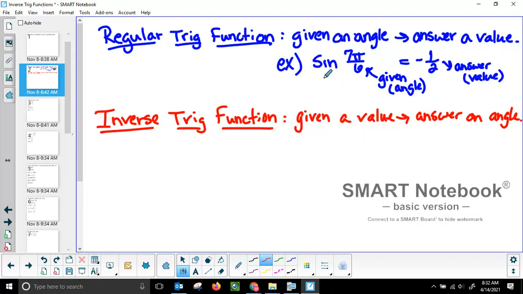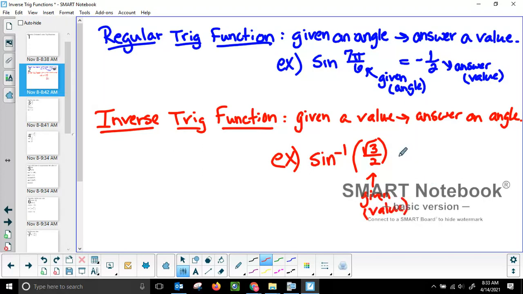Although we really can't use the same things up here, I'll explain this in a moment. But if I say, what is the inverse sine of, we'll just say, square root of 3 over 2? I'm given a value, and I have to answer some angle.